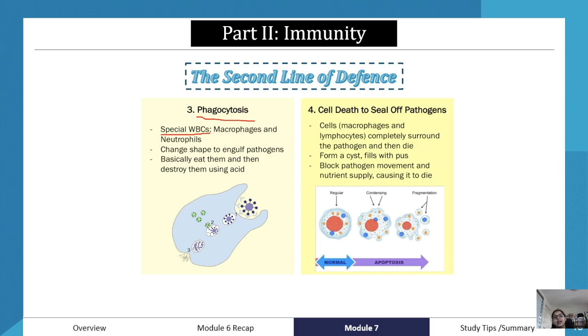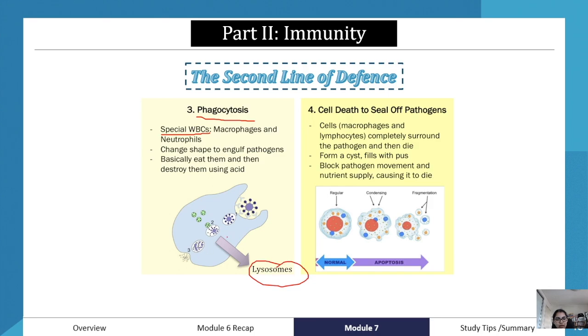They basically eat up a pathogen, and then they destroy it using acid. Lysosomes play a huge role in this process, because lysosomes, as you would know, are generally responsible for waste and disposal.